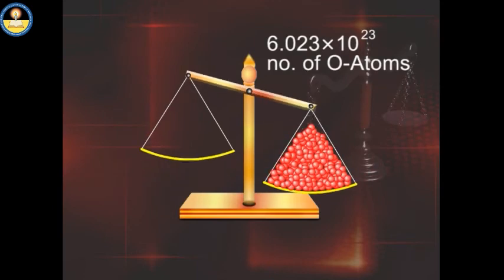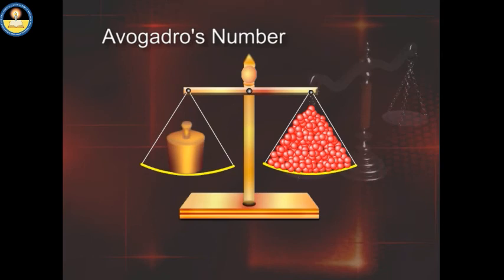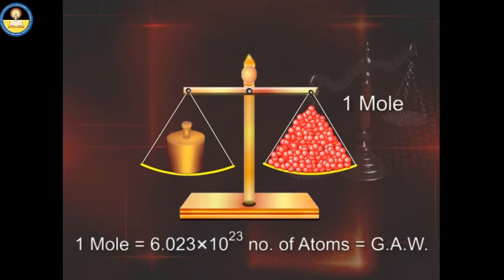This means that 6.023 multiplied by 10 to the power 23 oxygen atoms, which is Avogadro's number, are equal to 16 grams of oxygen. Now this is equal to 1 mole. Now this is equal to 6.023 multiplied by 10 to the power 23 atoms, which is equal to 1 gram atomic weight.